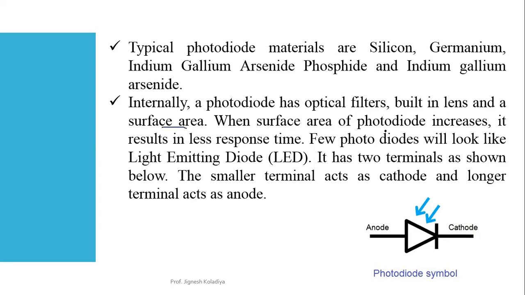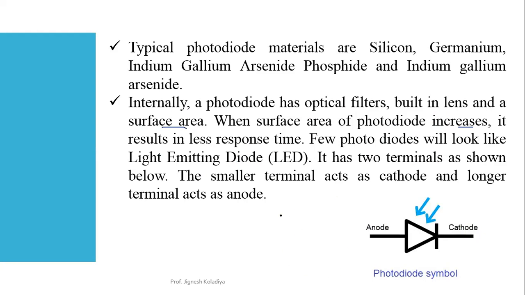When the surface area of the photodiode increases, it results in less response time. Few photodiodes will look like an LED. It has two terminals, and the small terminal acts as cathode and the long terminal acts as anode.